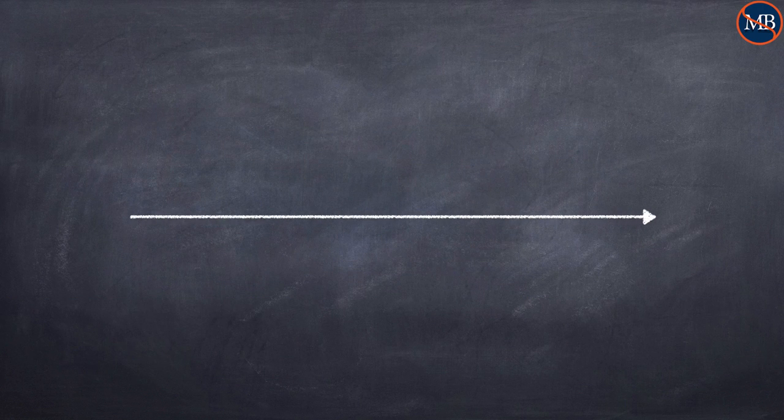Consider there is a Cartesian coordinate system and we draw two perpendicular lines where they meet at the point O. This point is known as the origin, and the x-axis and the y-axis are the two perpendicular axes.